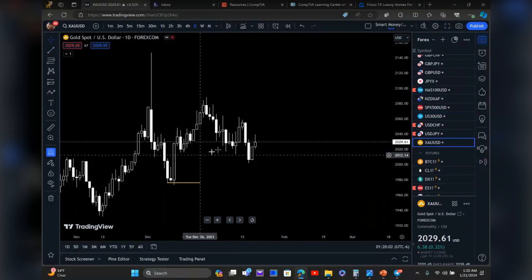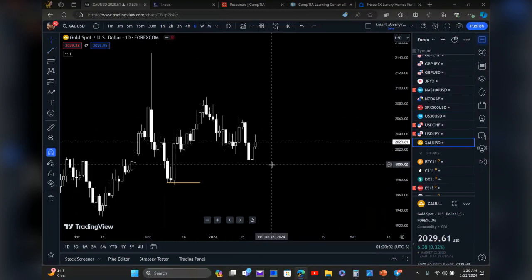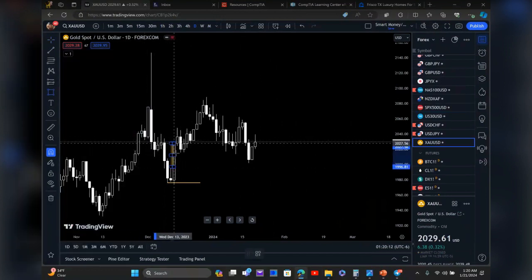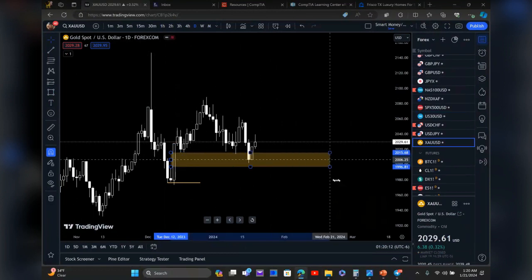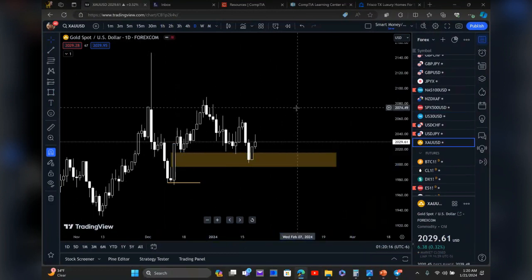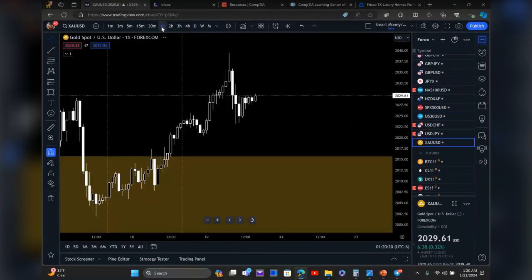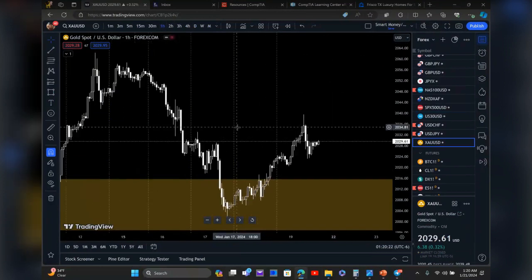Boom. Went up, came down, filled in this fair value gap. Y'all see that? Right here. Boom, boom, zoom. Look at that. All right. 1 hour. Let's go to the 1 hour.